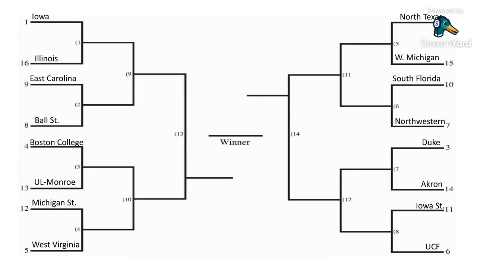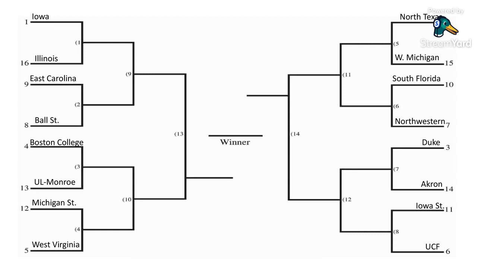Let me make sure. Rose, Cotton, Sugar, Orange, and then Fiesta and Peach will be the semifinals. Fiesta and Peach will be the semifinals of the national championship being in Los Angeles.